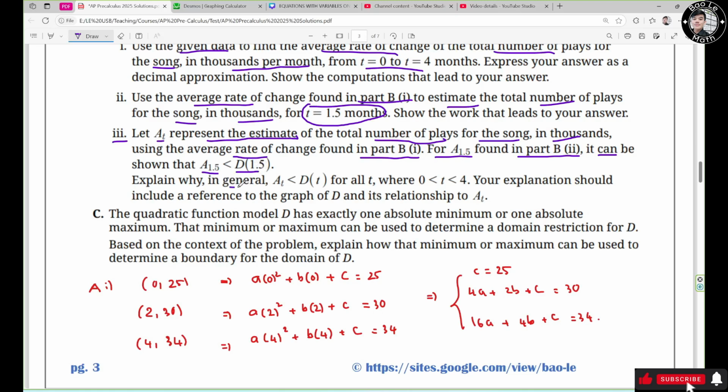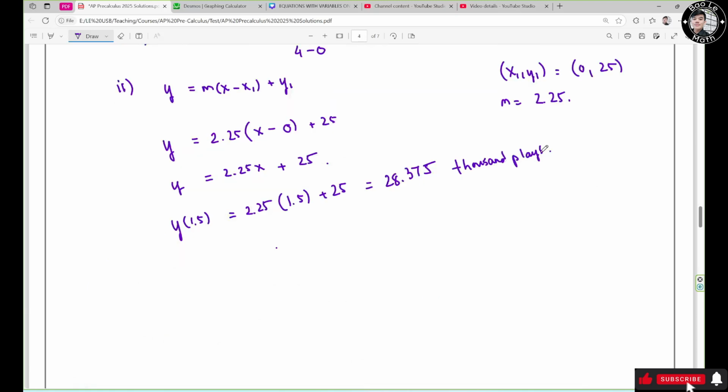Explain why in general A(t) is less than D(t) for all t between 0 and 4. Your explanation should include a reference to the graph of D and its relationship to A(t), right? This one right here is A(1.5), and this one is the function A(t).